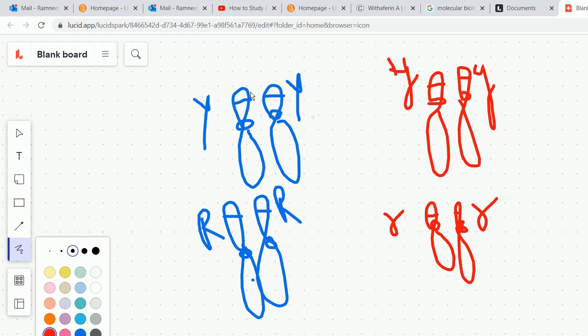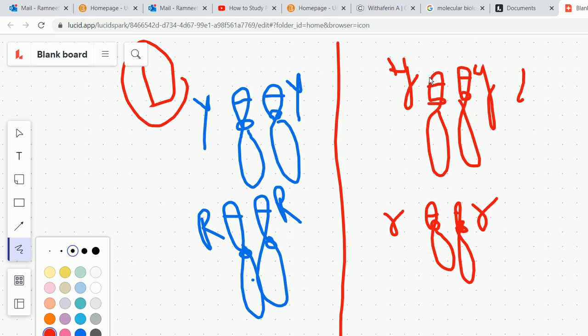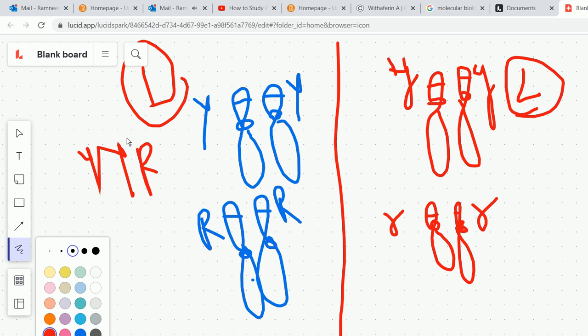Okay, so this is plant number 1. This is plant or parent number 2. This parent's genotype is capital Y, capital R, and capital R. This parent is also pure. Its genotype is small y, small r, and small r.